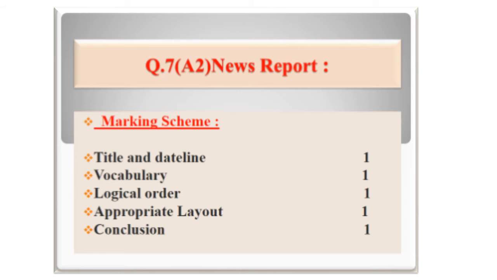It comes as an option for the expansion of idea. You should know the marking scheme, which is very easy. For title and dateline, 1 mark. For vocabulary, 1 mark. Logical order, 1 mark. Appropriate layout, 1 mark. And finally, the conclusion, 1 mark. So it's for 5 marks, and if you go this way, you will be able to score a full 5 on 5. Let us move ahead to the next slide.